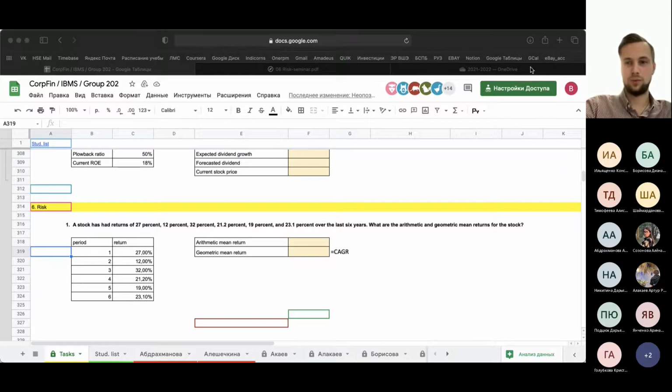So it won't give right results in case of these returns, because, okay, let's look in the formula and then let's discuss why this function doesn't work here.